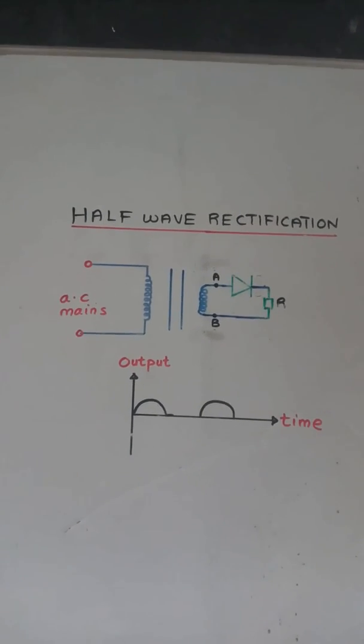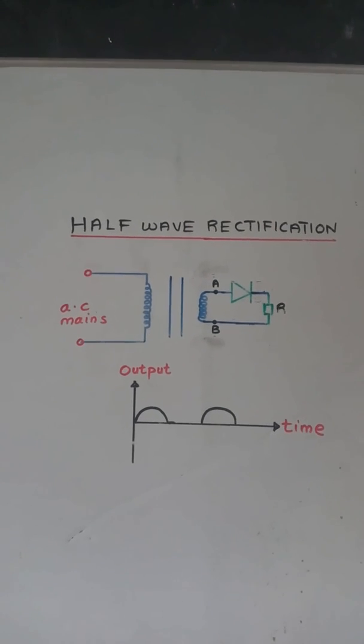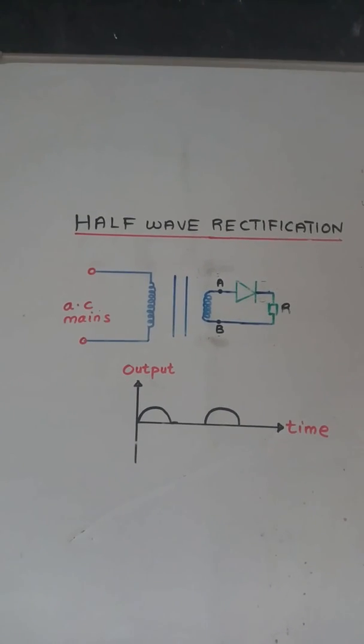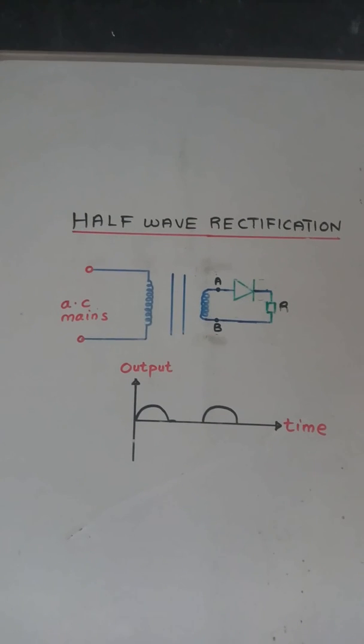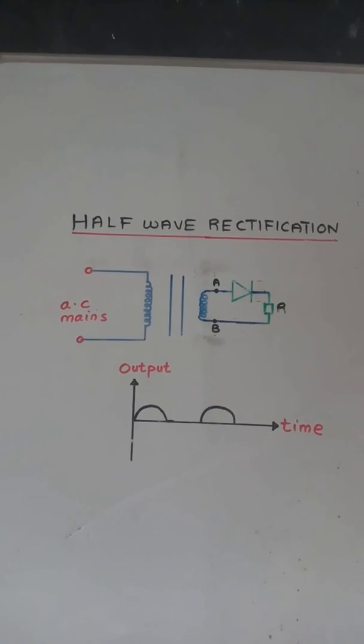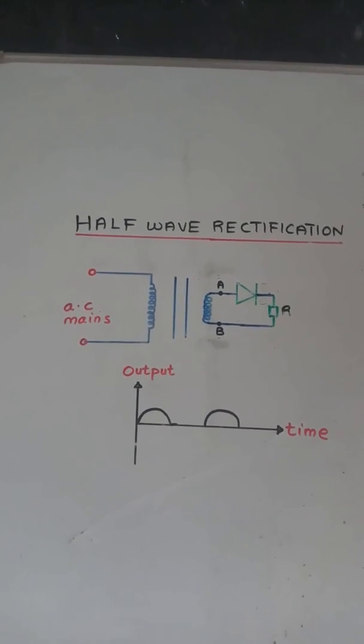Smoothing is the action by which voltage output is improved by putting a large capacitor C in parallel with the load.